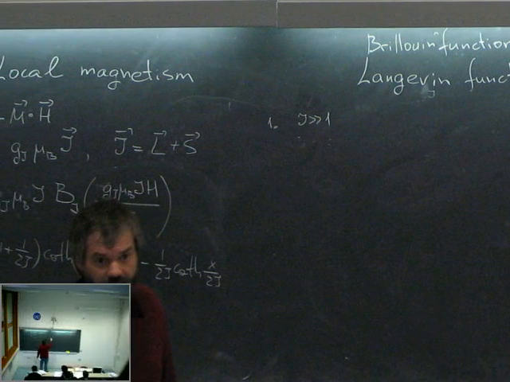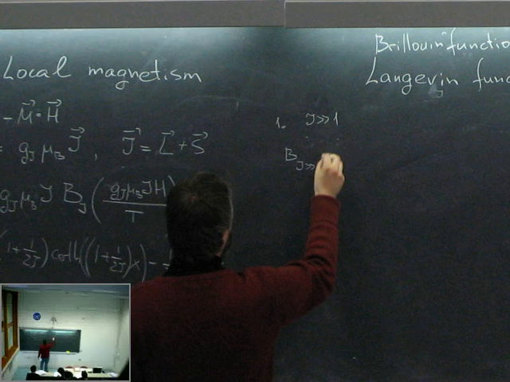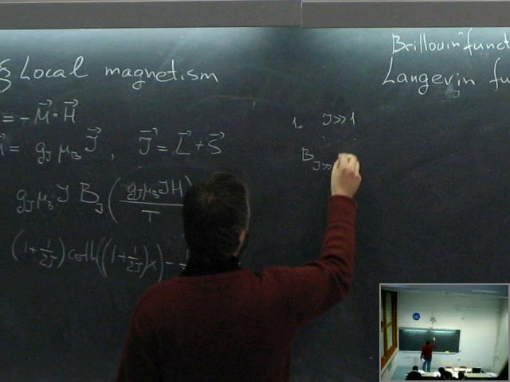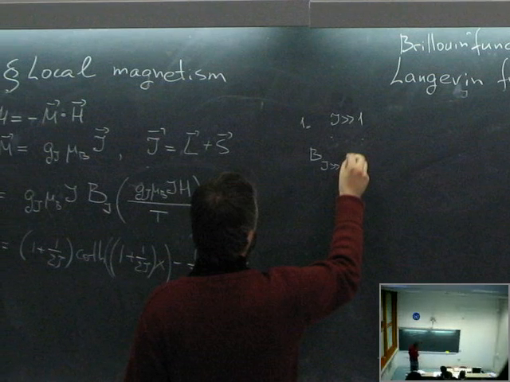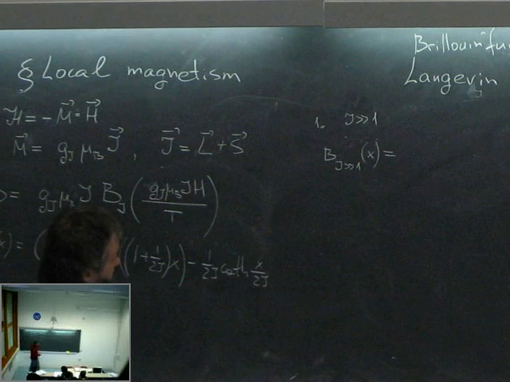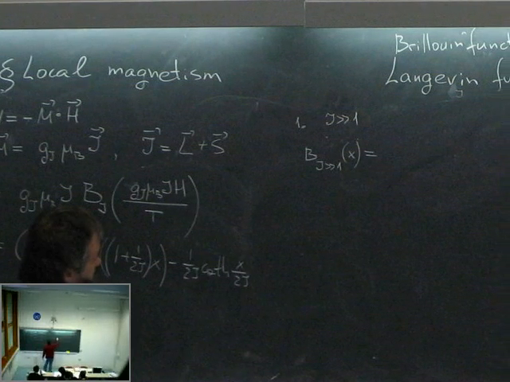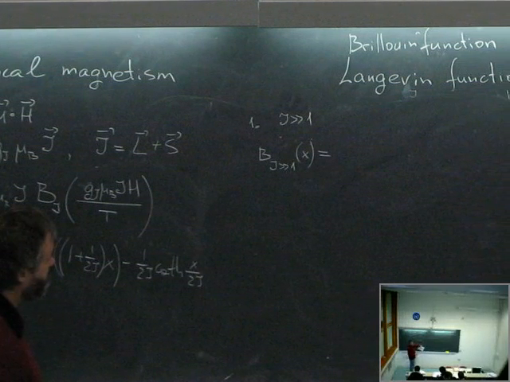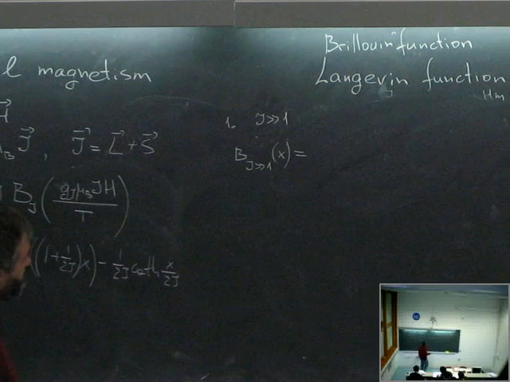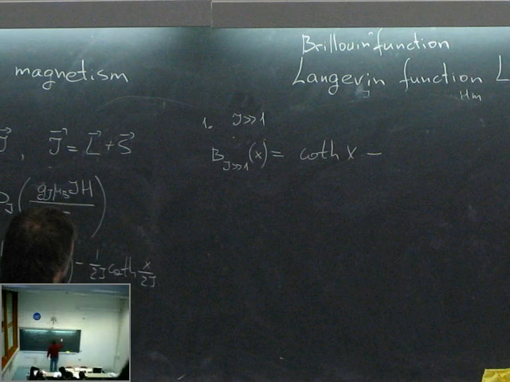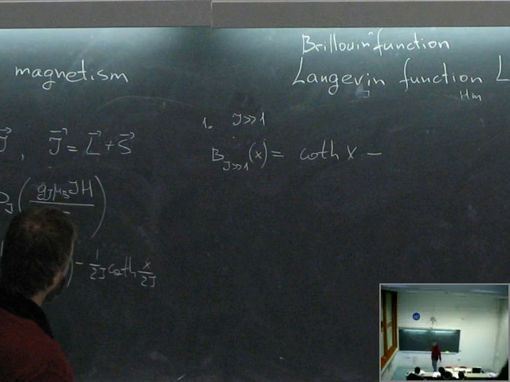So, B_j for j much larger than 1 is a function of x. In order to do it, here I should just put j equal to infinity. So with the first term, it's coth x. It's simple. Here, since I have uncertainty, I have to do an expansion. So this is 1 over 2j, and I have to take the first term of the expansion of coth, and this is the inverse argument.